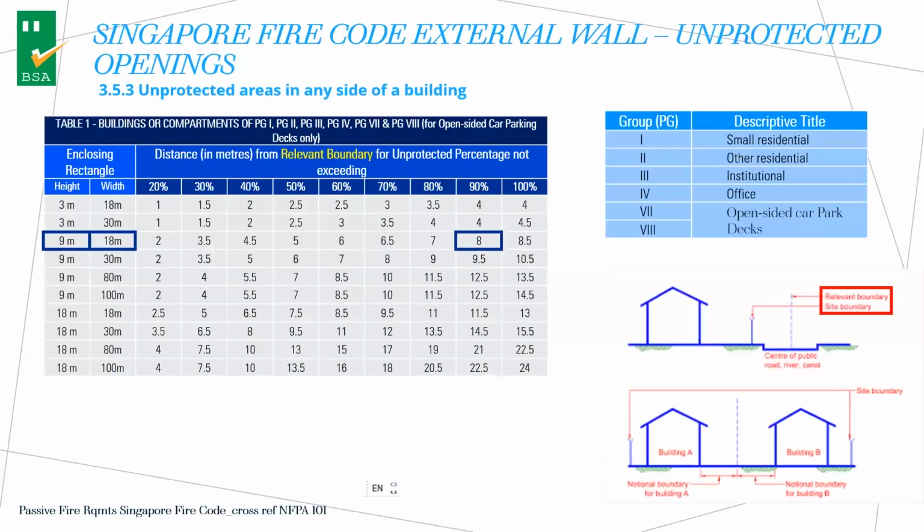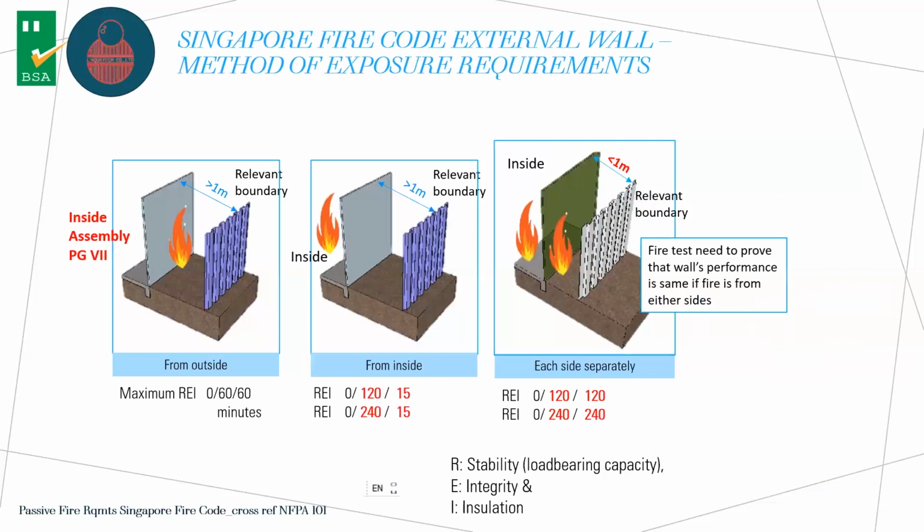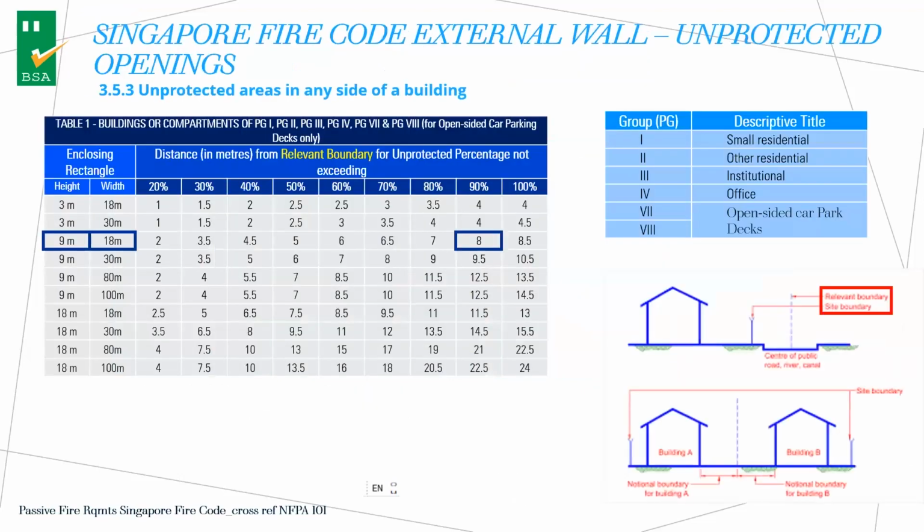And finally, if your building is less than 1 meter from the boundary, you must prove that whichever side the fire comes from, you must not allow the fire to spread to the other side. Now, I'll give you an example of how they decide, because your external wall cannot be an opaque fire resistant wall.